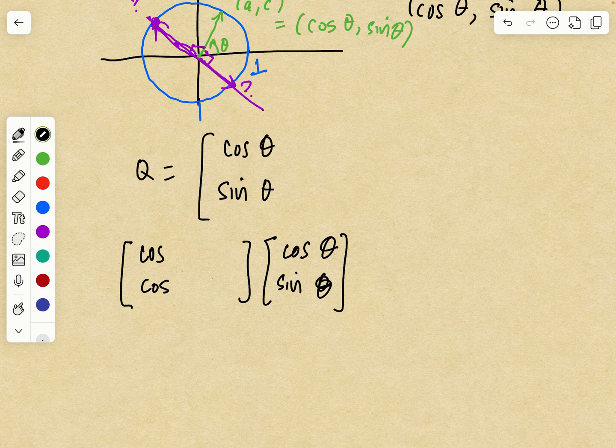So for counterclockwise by 90 degrees, we need cosine of pi over 2, negative sine pi over 2 in the top row, and sine pi over 2, cosine pi over 2 in the bottom row. That matrix times (cosine theta, sine theta).